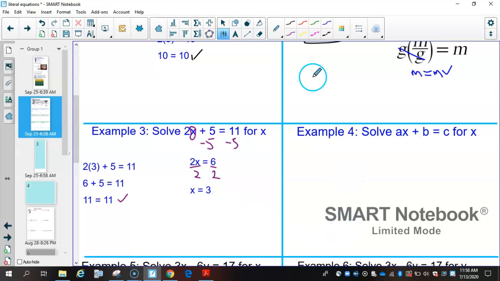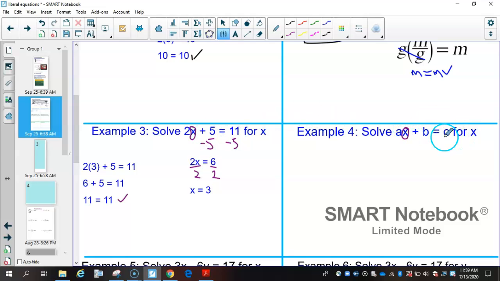Right? Now, looking at example 4, look at the setup of example 3, compare it to the setup of example 4. What you should notice is that, again, it looks very similar. I have some coefficient, well, in this case, it's another variable, in front of x, which is what I'm solving for.